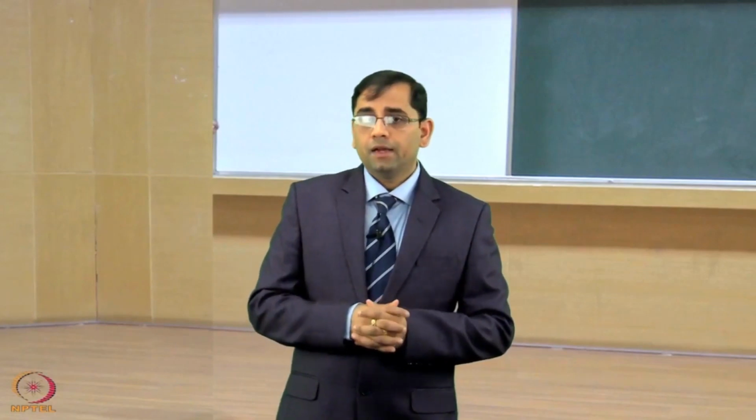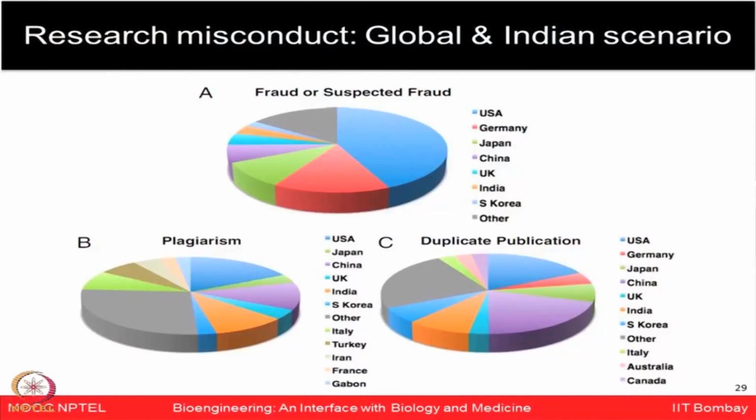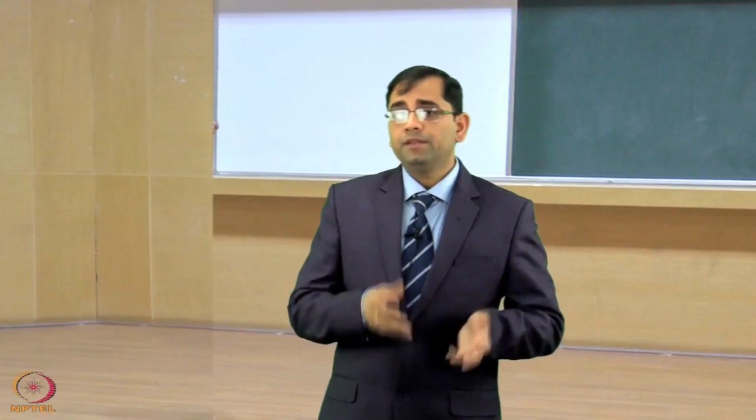And there has been a lot of analysis of how people have committed misconduct in different parts of the world. If you look at this graph from this paper, it shows that a large number of fraud or suspected fraud papers came from the USA. There are many countries as part of it, including India.